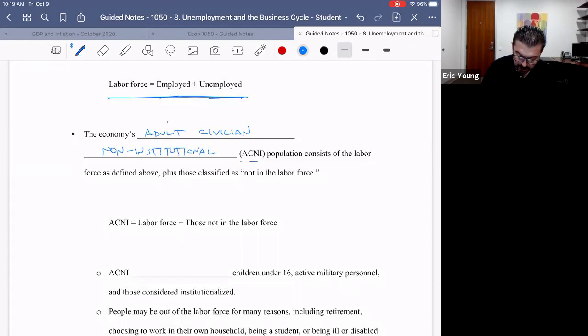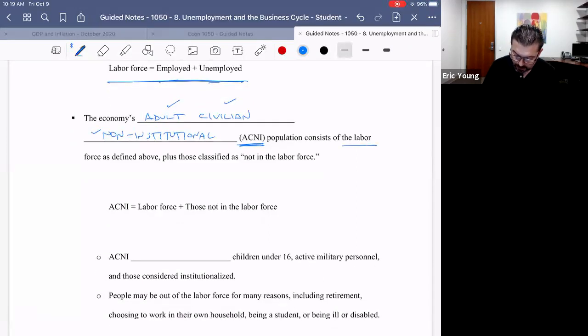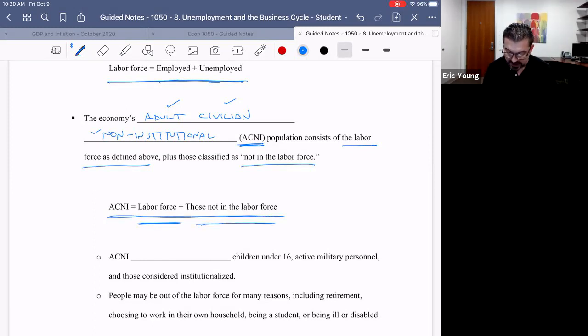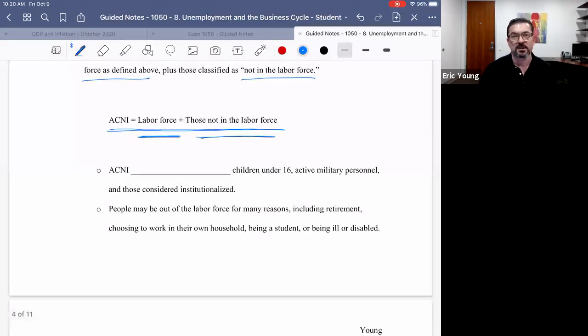The economy's adult, civilian, non-institutional population, aka its ACNI population, consists of the labor force, which we just defined above, plus the category known as not in the labor force. So again, the ACNI consists of the labor force, as well as those we would consider not in the labor force.